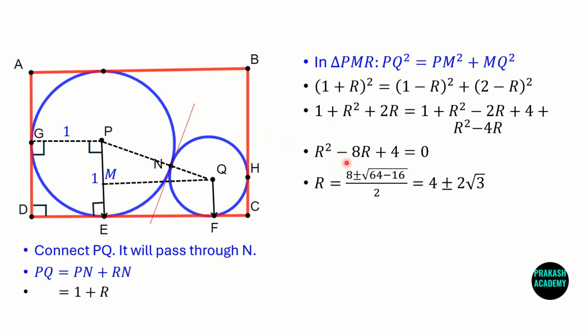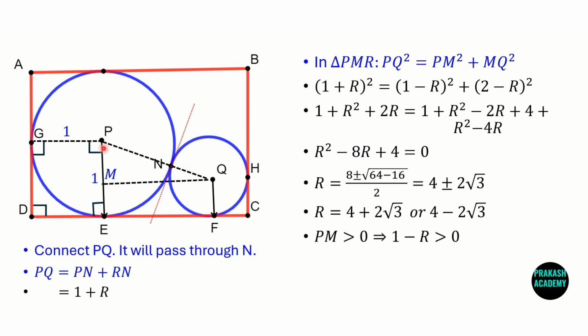So minus b, that is minus of minus 8, that is 8, plus minus square root of b square, that is 8 square, that is 64, minus 4ac, so 4 times 1 times 1, 4, that is 16. This divided by 2 times 1, so that is 2. If you simplify, this will cancel out and then you will have 4 plus minus 2 root 3. So there are two possible roots. One is 4 plus 2 root 3, another is 4 minus 2 root 3.